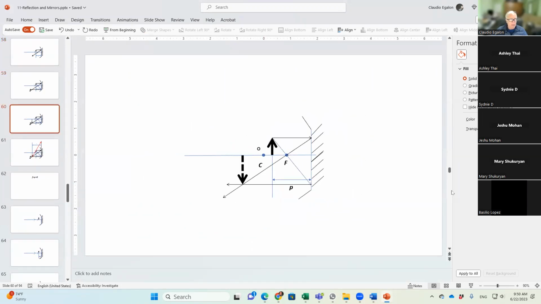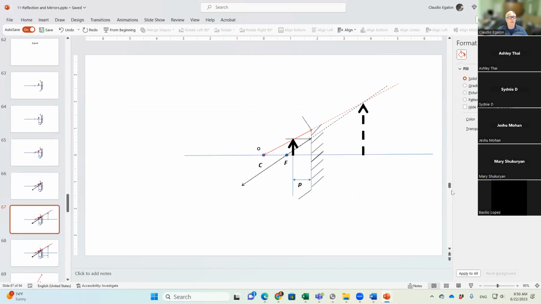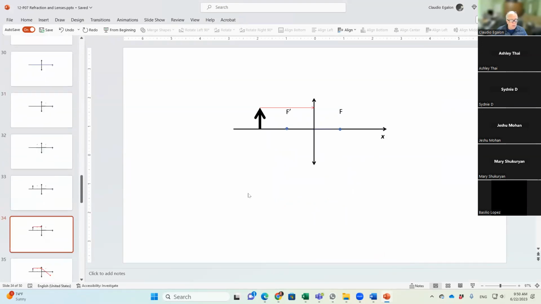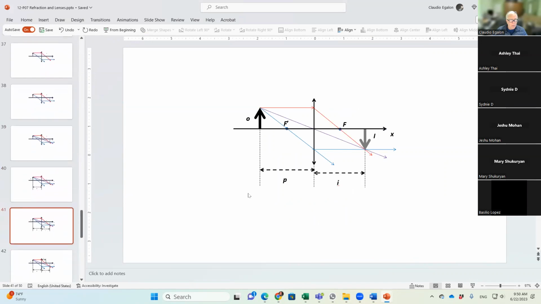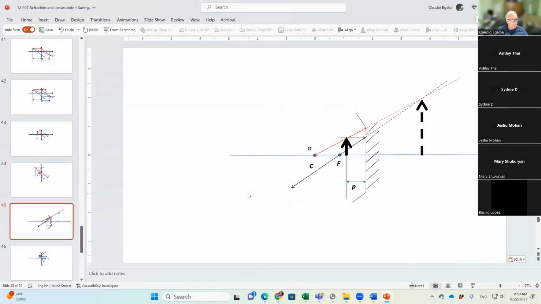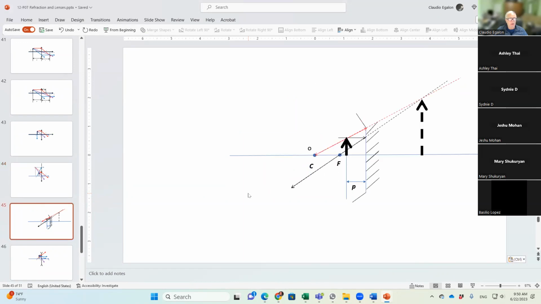Okay, here you go, I'm going to put it side by side. This is a virtual image formed by the mirror, and this is a virtual image formed by the lens. Virtual image formed by a positive mirror, virtual image formed by a positive lens.